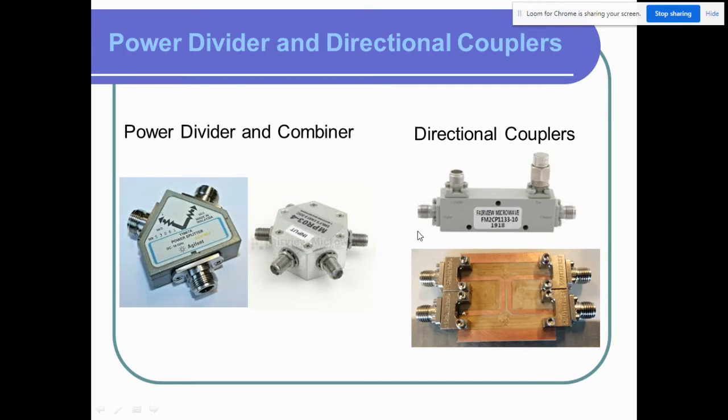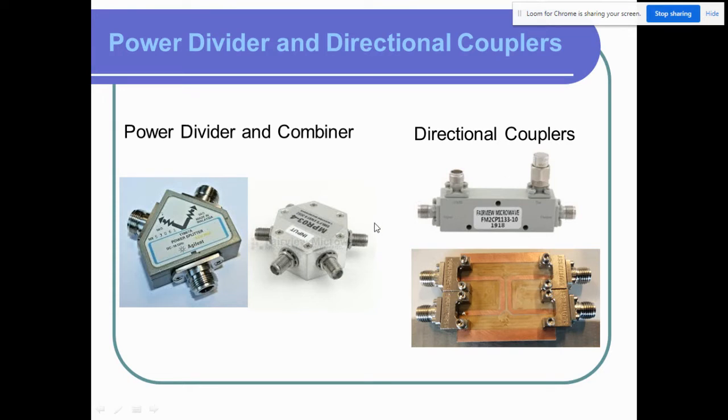Let me start from the beginning. This is input port 1 and this is the output port, at the desired frequency. And this we call the coupling port, and this we call the isolation port.